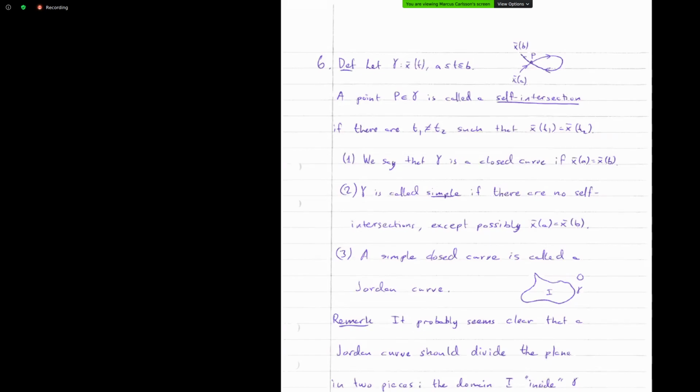So there's even its own name for that. I mean, it's not a long thing to say, simple closed curve, but it's called a Jordan curve as well. And actually, if you look at the technicalities, a Jordan curve has a bit more to it. Here we work with smooth curves.